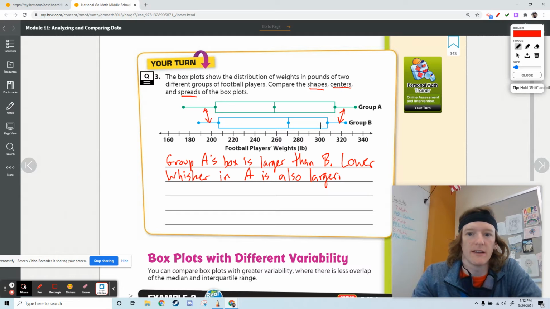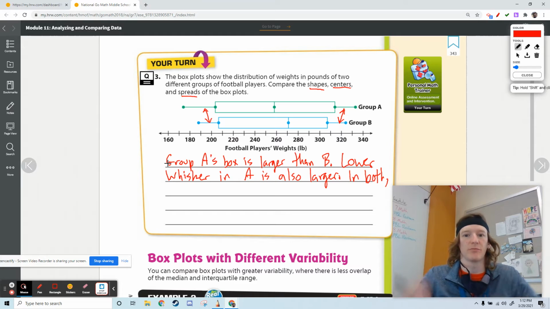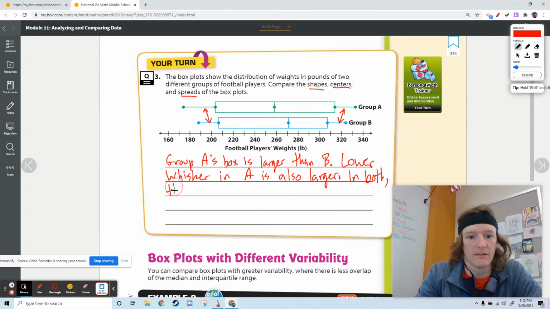And also, let's say in both, the box contains most of the data. How about the box is much wider than the whiskers? The box is wider than the whiskers.